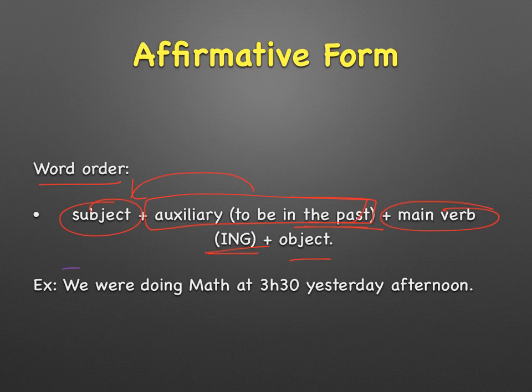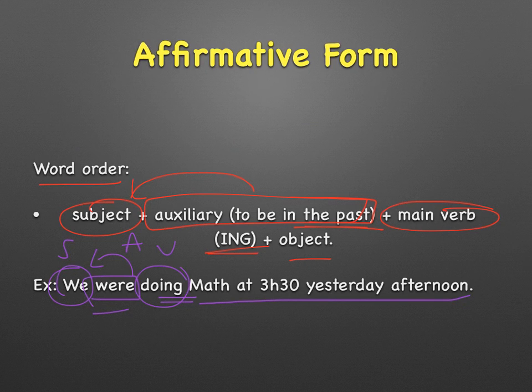Example, my subject is we. Were is my auxiliary that agrees with my subject, verb to be in the past. Doing is my verb in ing, my action verb. And math at 3:30 yesterday afternoon, that's my object.